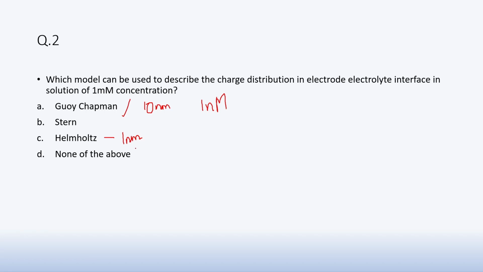But in this case, 1 nanometer is enough. If the concentration is very large, it's easy; the ions can easily diffuse and form the double layer. So if it is 1 molar or more, we can go for Helmholtz. Otherwise, we can directly go for the Gouy-Chapman model.